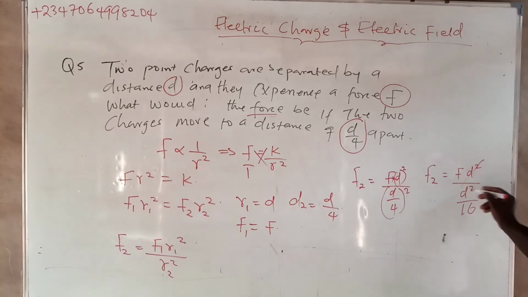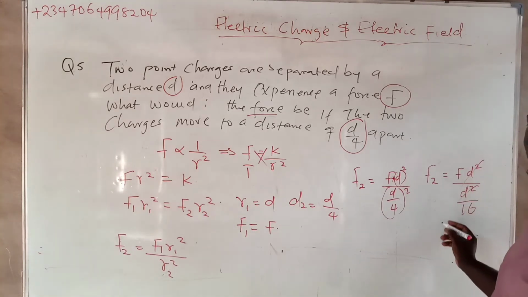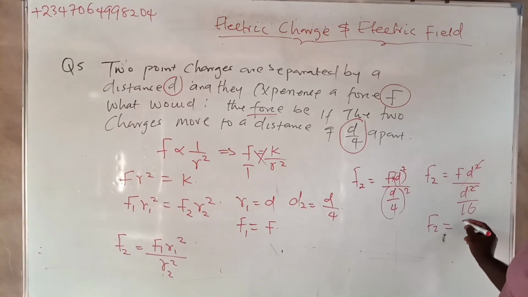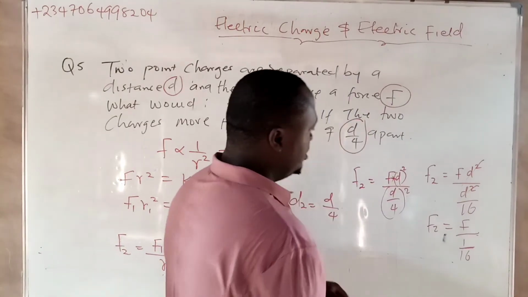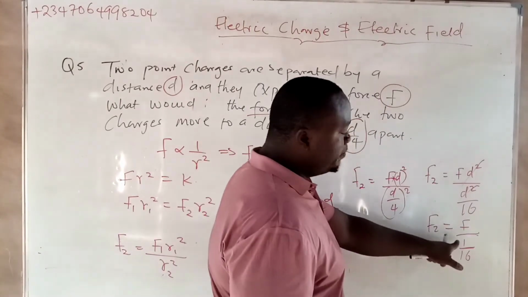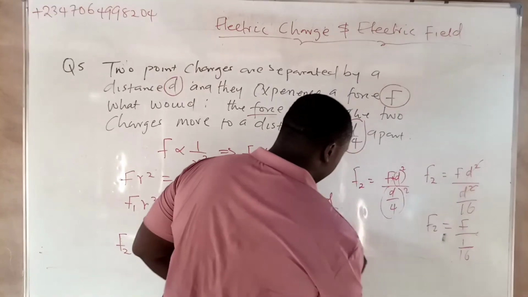From here, this of course will go with this. So we are left with F2 will be equal to F all over 1 divided by 16. So from here now, that's what we call the principle of keep, change, flip. You keep this, you change this, you flip this.